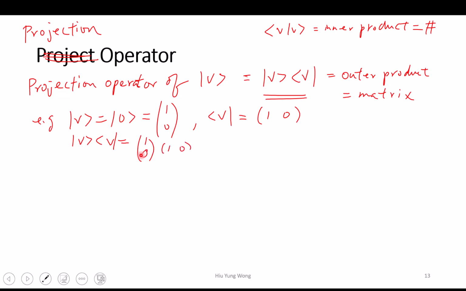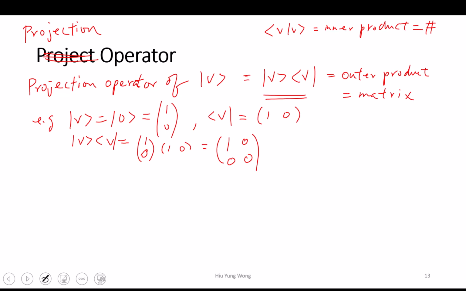Again, through the matrix multiplication, first row times first column of this gives us 1. First row times second column gives us the element of the first row and second column, which is 0. And then the second row times the first column gives us the second row, first element, which is 0, and then also 0. So this is a matrix. Okay?